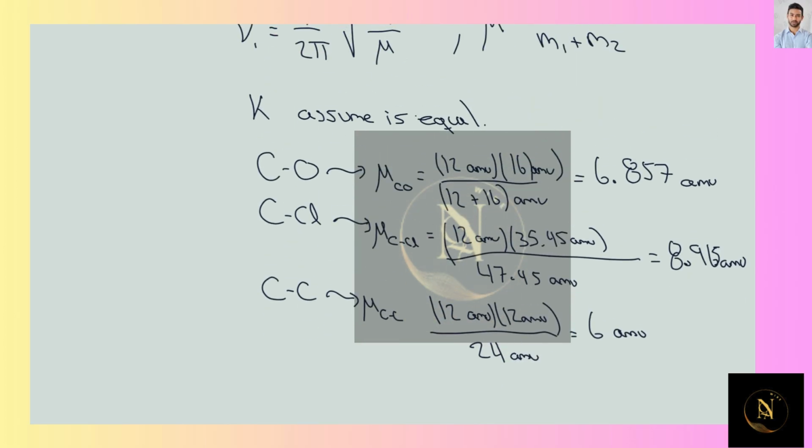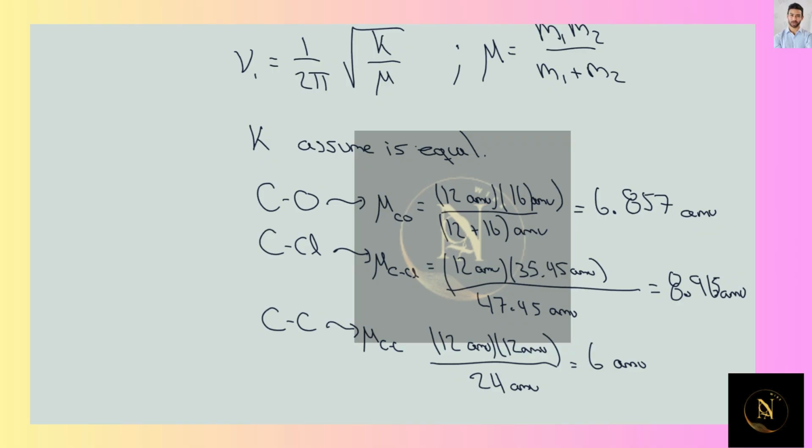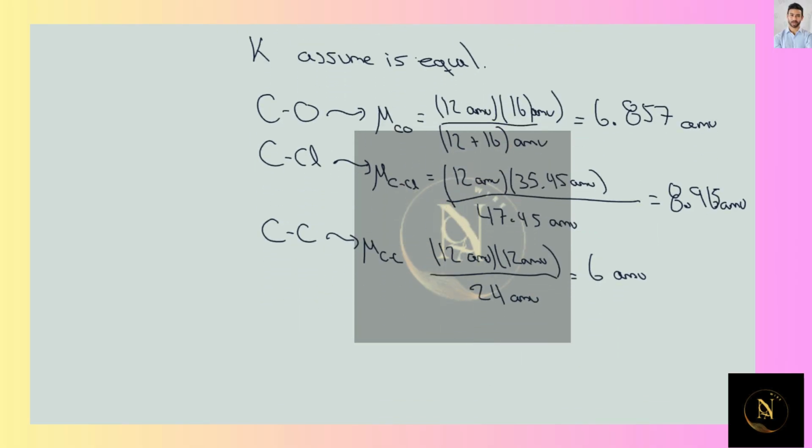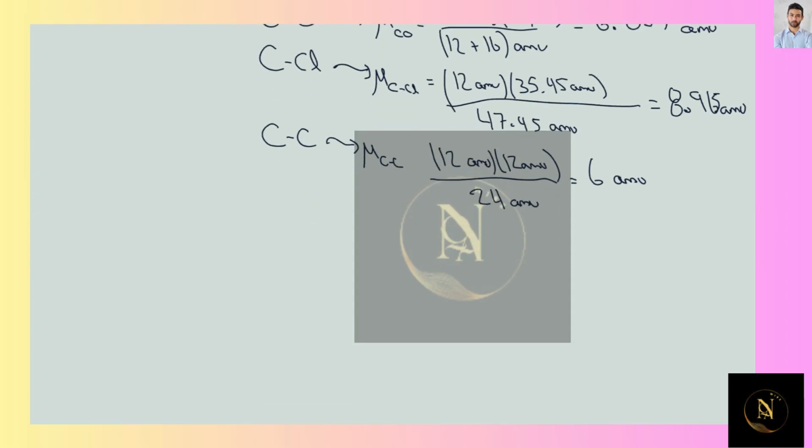So the one that has the higher frequency is going to be the one with the smallest reduced mass. So in terms of frequency, remember this is frequencies, we are not yet at wave numbers. What we're going to have is the following order.